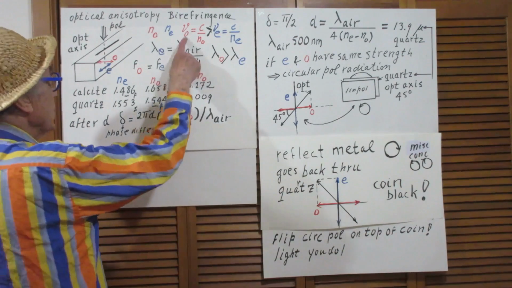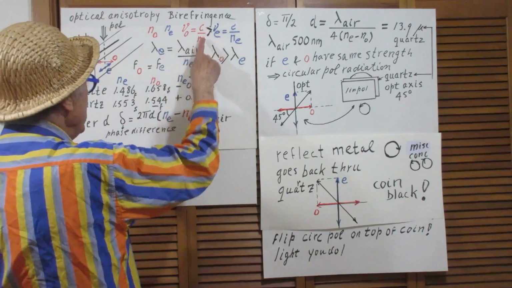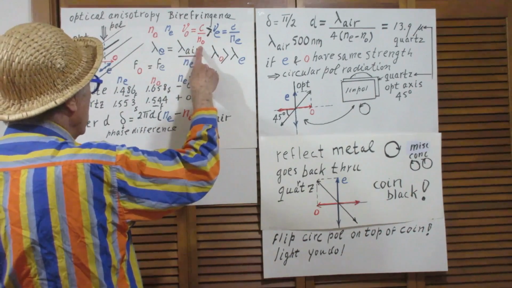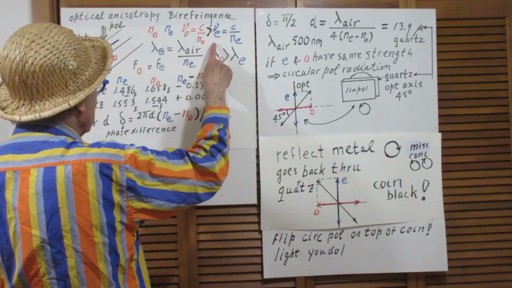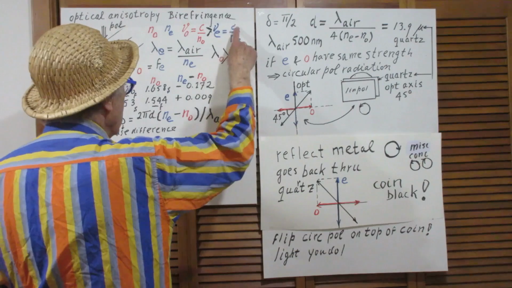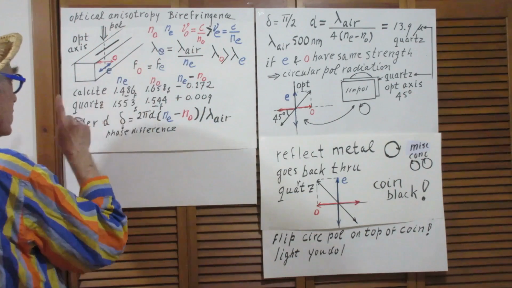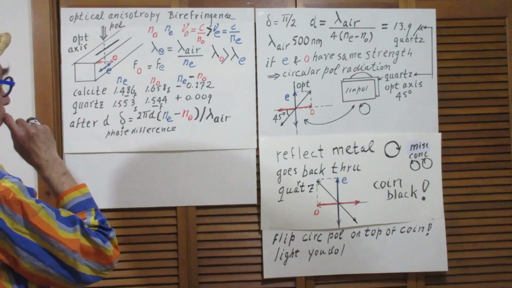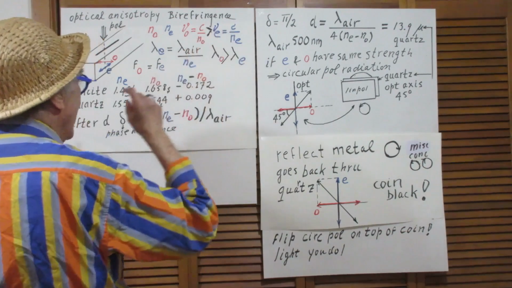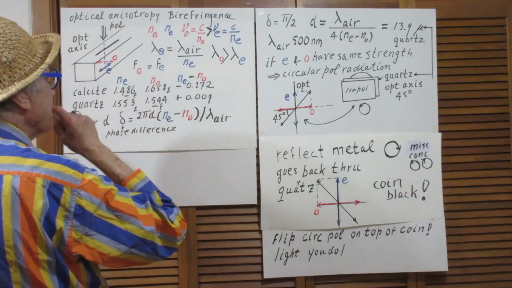The speed at which the O wave, the ordinary wave, propagates is V_O = c/N_O, which is larger than V_E = c/N_E. In the case of quartz, it is larger. That's why I put already a larger sign here. I was a little bit ahead of myself. You will see that shortly.